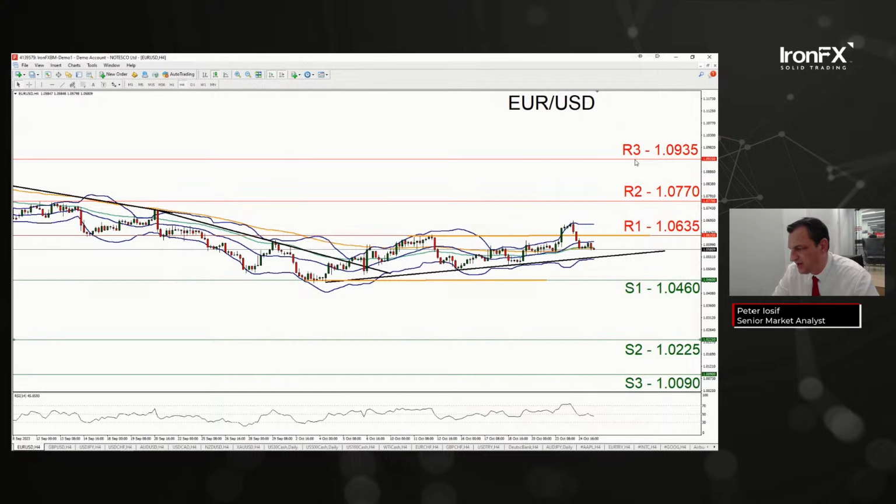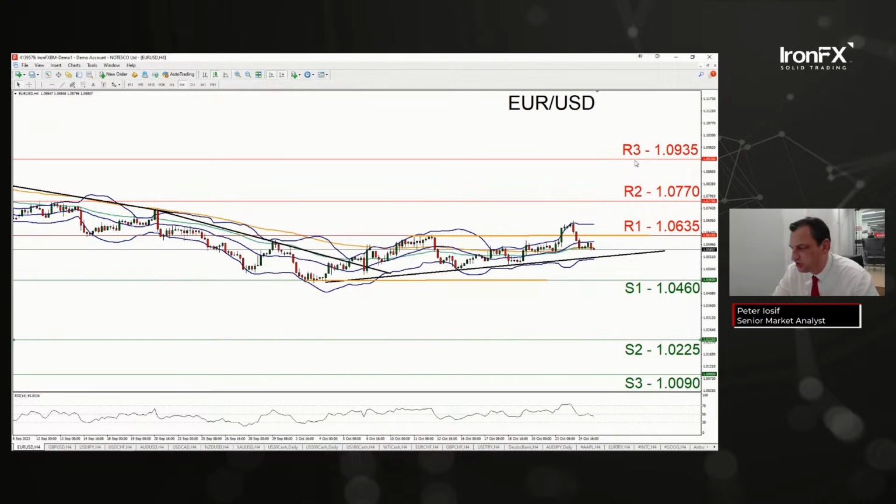The crucial element here, though, is whether the upward trend line will be broken or not. Should that be broken and the price action remains in the corridor set between the S1 and the R1, the 1.0460 and the 1.0635 respectively, then we may be talking about a sideways motion and the stabilization of the pair.